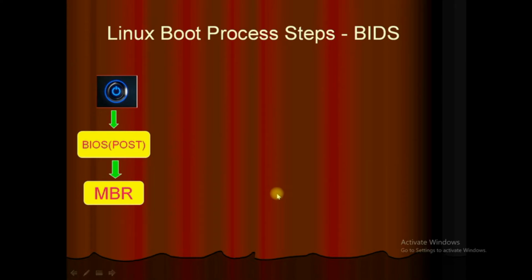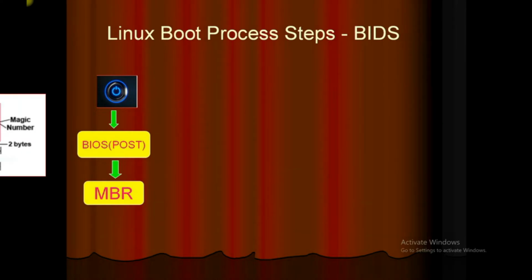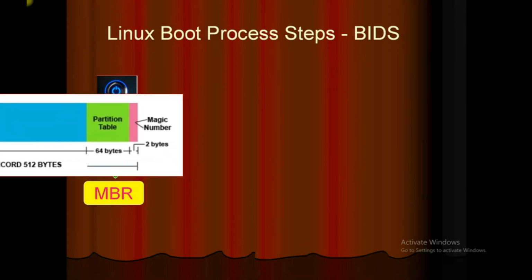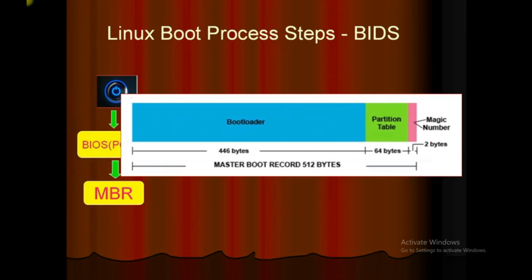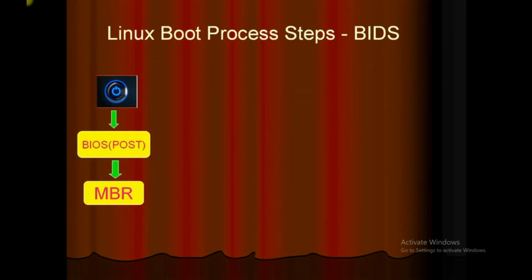One part is 446 bytes, which contains the address of the primary bootloader, 64 bytes are for the disk partitioning information, and 2 bytes are for the integrity check of the partitioning system. Basically, this MBR is not the actual bootloader, it's only a pointer or address which points to the actual bootloader.